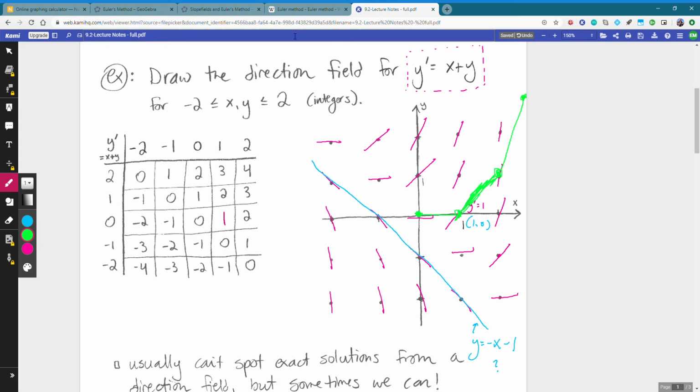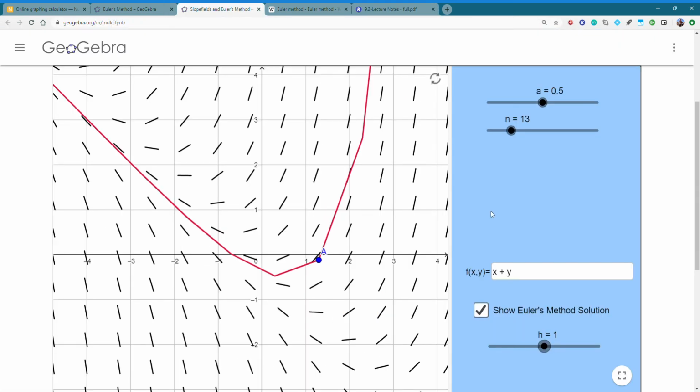Now, there's an interactive here I want to show us, even though it's quite imperfect. What it's showing here represents the rough idea of Euler's method, which I just realized I haven't introduced that word yet.